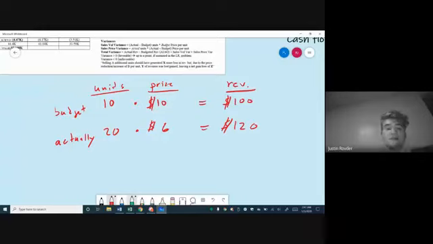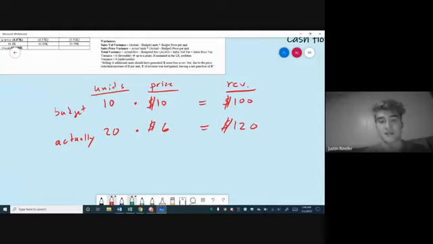Before we even use the mathematical equations, what you would probably say to explain why it went up by $20 is, we sold 10 more units than we thought we would, but we sold them for $4 less than we thought we would. So all in all, that equated to $20 more in revenue.